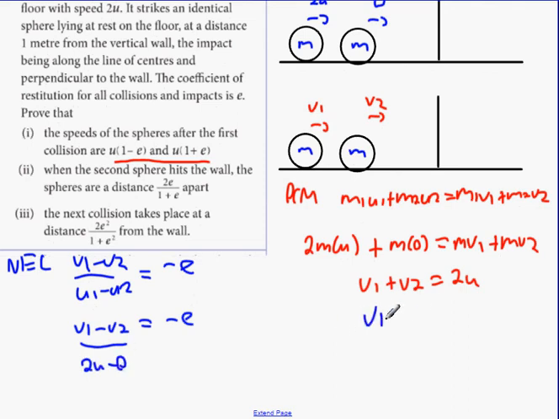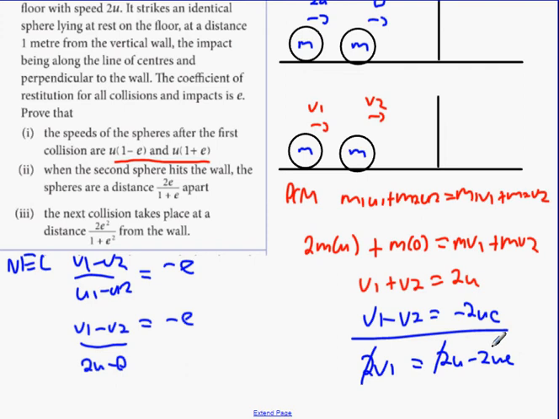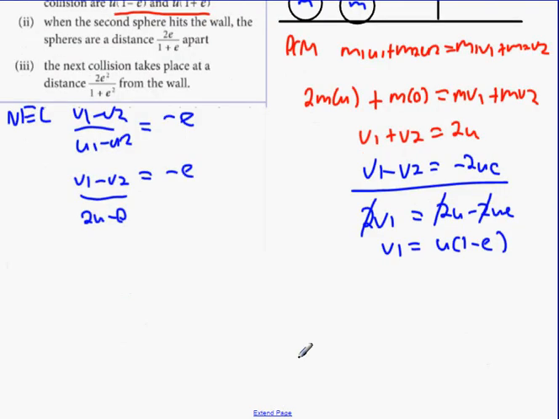So that's V1 minus V2 equals minus 2UE. 2V1 ends up to be 2U minus 2UE. Divide by the 2's. V1 equals U into 1 minus E. So that's V1 right there.